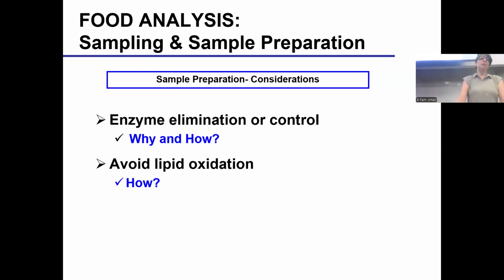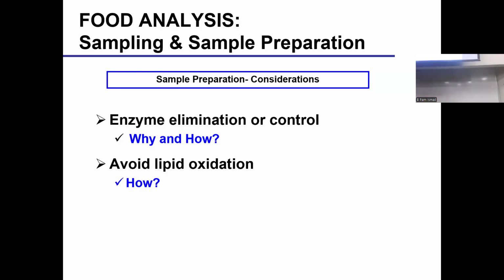Also, if we are determining, let's say, degree of saturated or unsaturated fatty acids, polyunsaturated, you don't want them to oxidize. So how do I avoid lipid oxidation? You prepared your sample, you put it in a container. What's the first thing you want to try to do? Remove air, yes. We call it nitrogen flush.